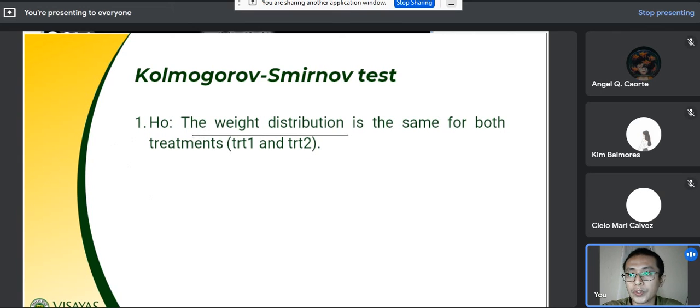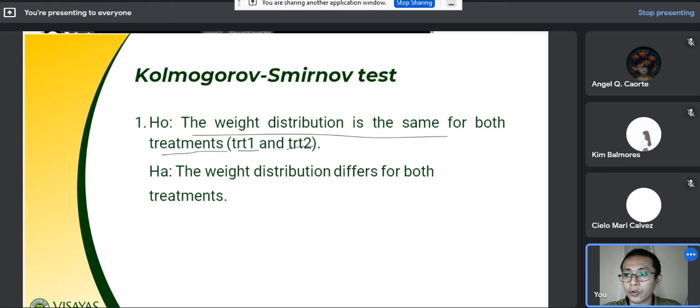The weight distribution is the same for both treatments, for treatment 1 and treatment 2. So I mean to say, class, the distribution of weights is the same for those plants under treatment 1 and treatment 2. And of course, contrary to it is our alternative hypothesis, which states that the weight distribution differs for both treatments.